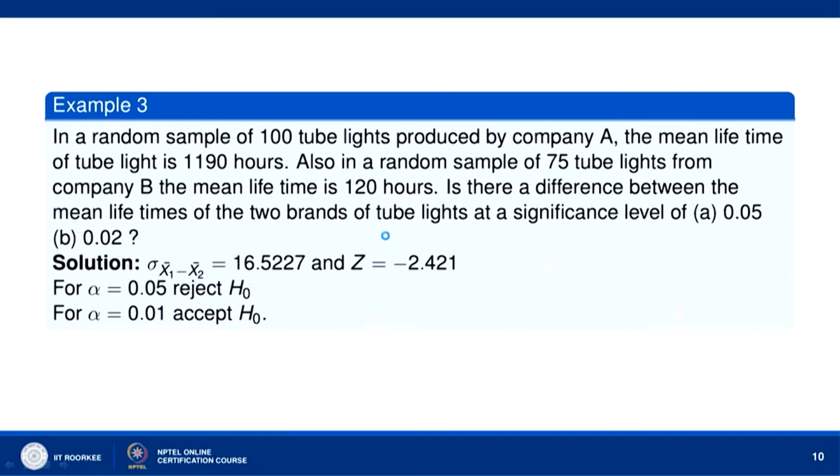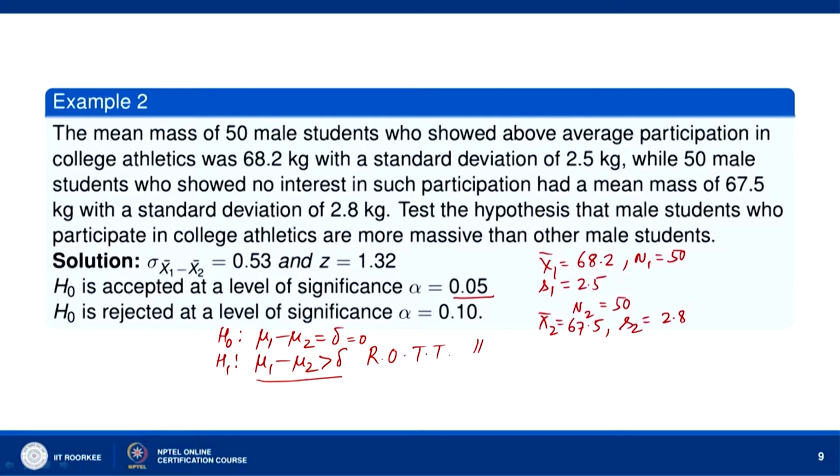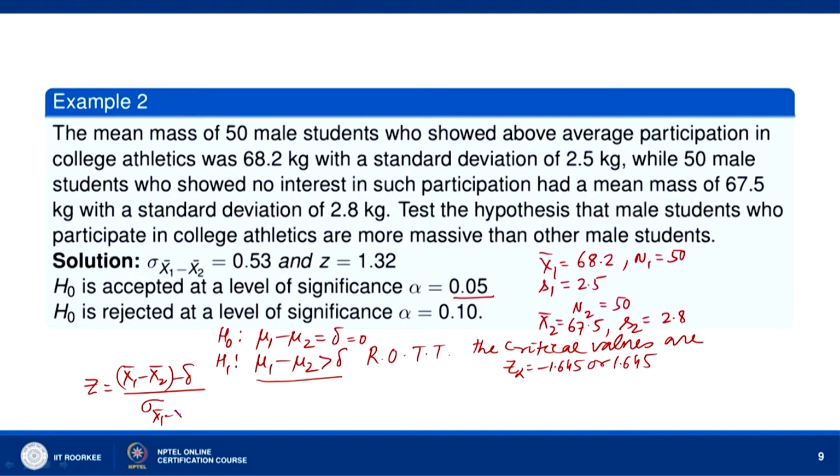So, the critical values of Z are Z alpha equal to minus 1.645 or 1.645. Let us find the value of Z. Z is equal to x1 bar minus x2 bar minus delta divided by sigma of x1 bar minus x2 bar.